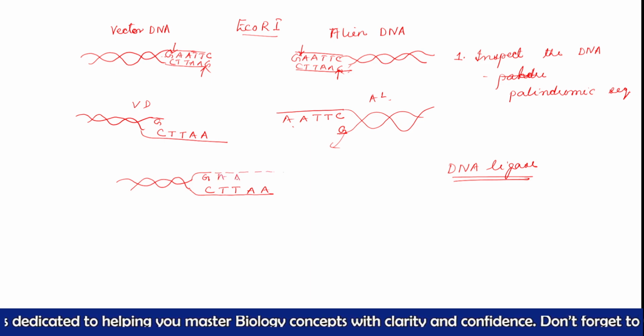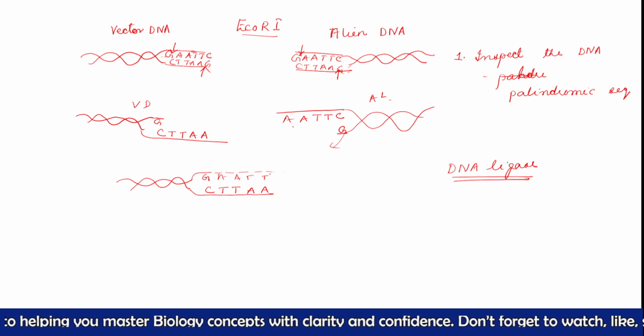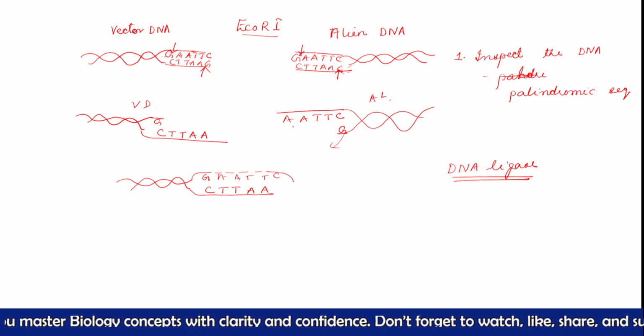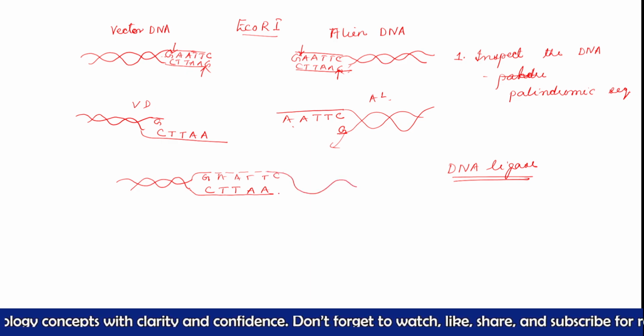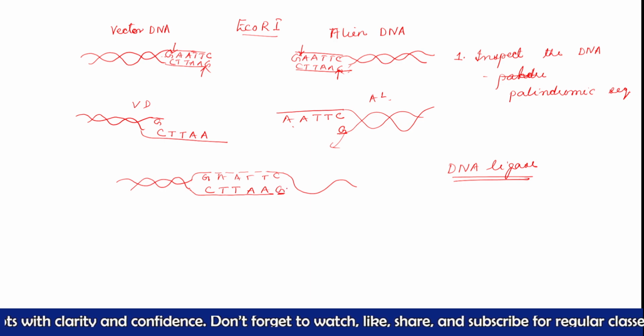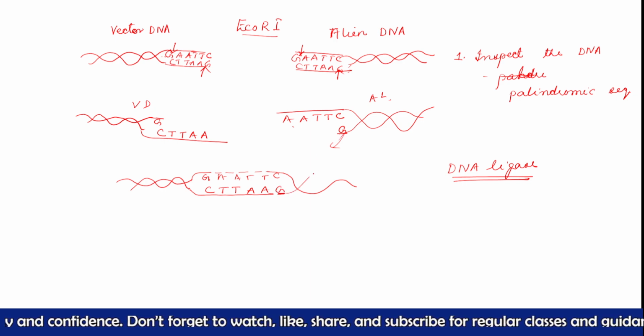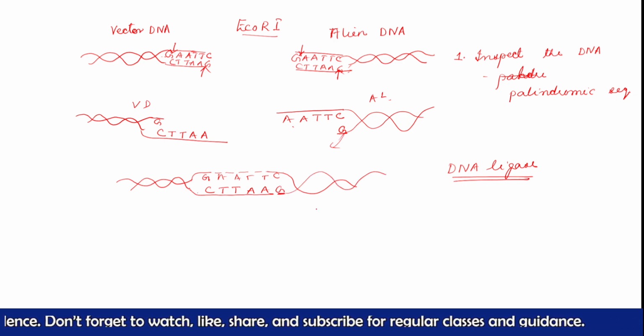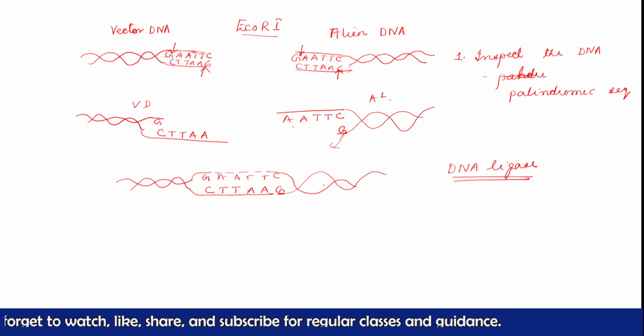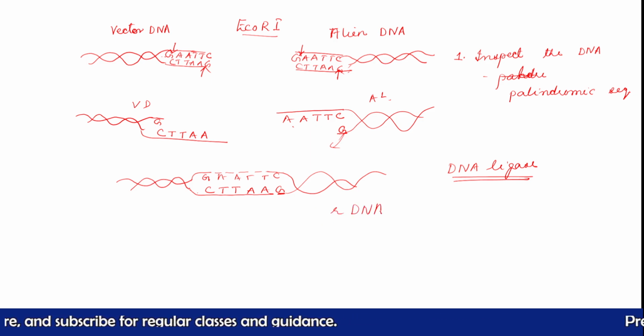A T T C, and here also G is there. This part G is there. Okay, so now this DNA becomes a completed DNA, and this DNA is called a recombinant DNA.